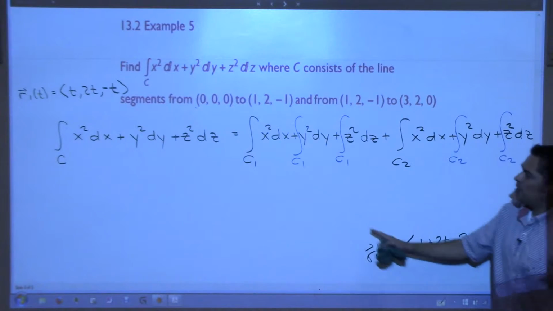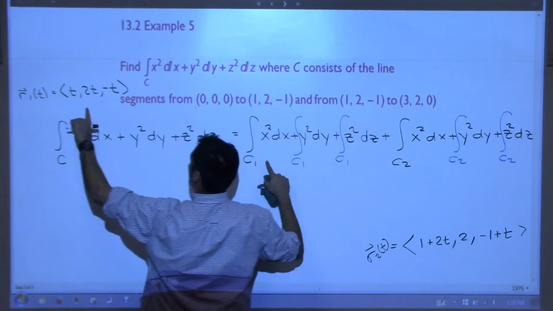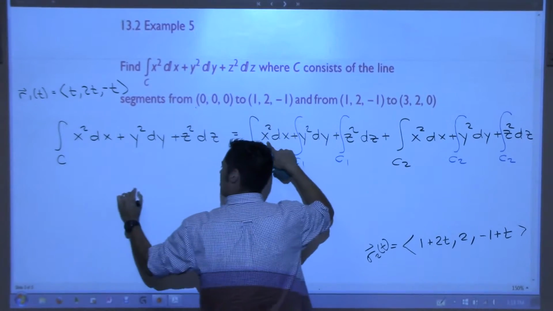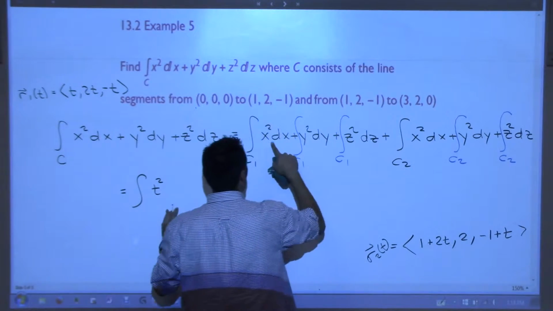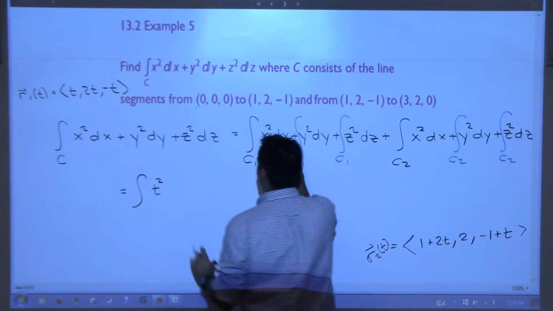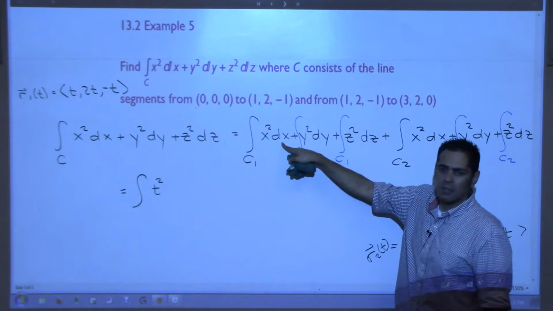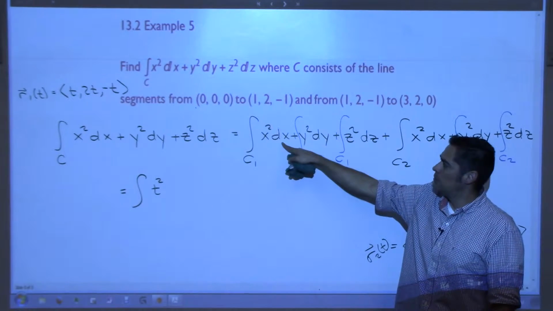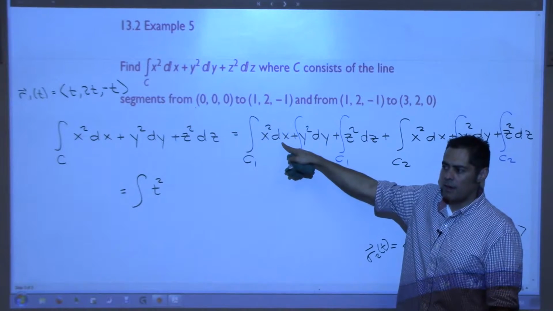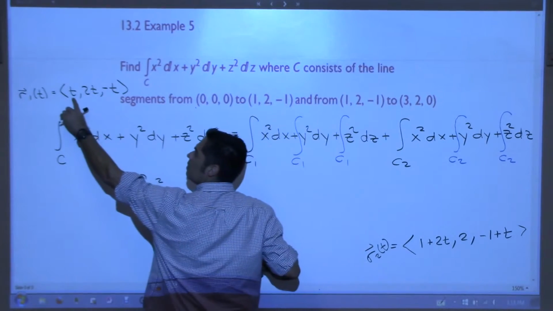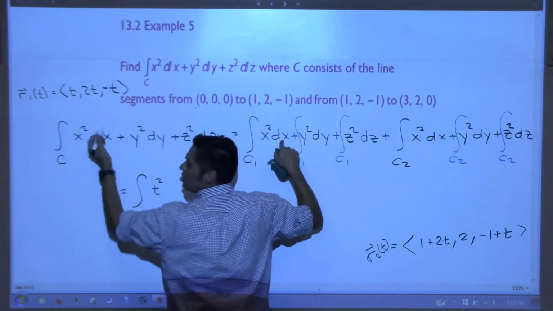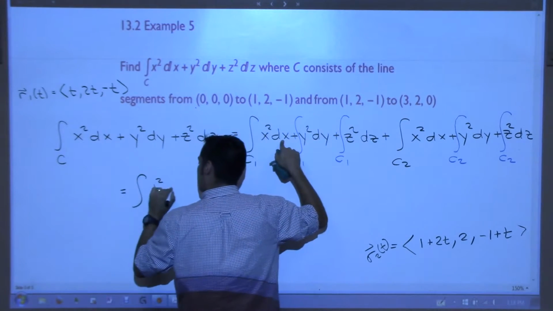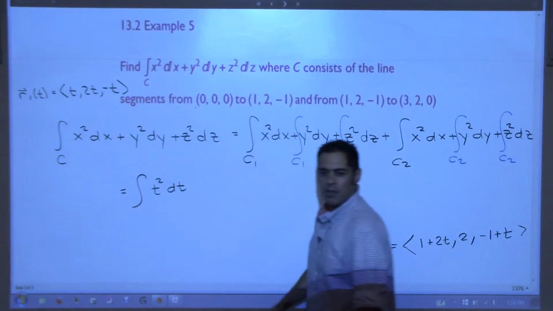Because I'm on C1, the x component squared is going to be the integral of t squared. And then what's dx? The derivative of the x component is just 1, so 1 dt. Any questions on where that came from?